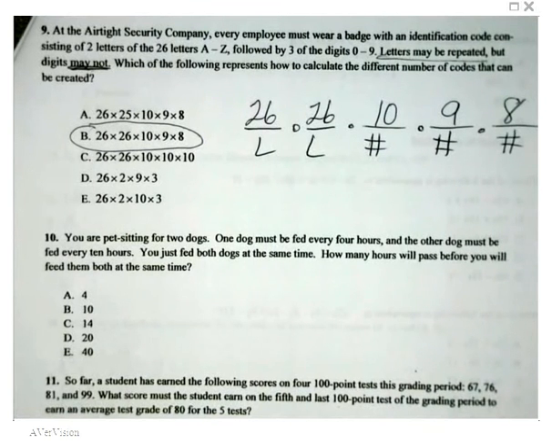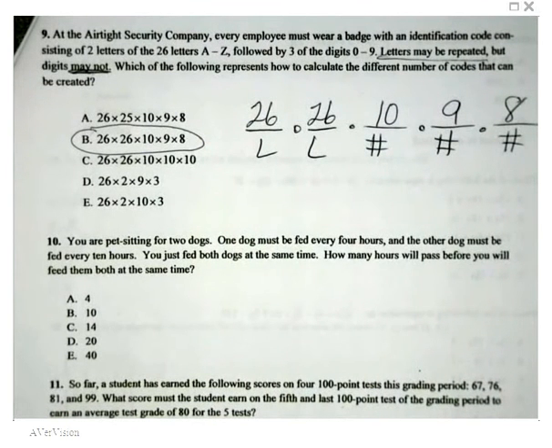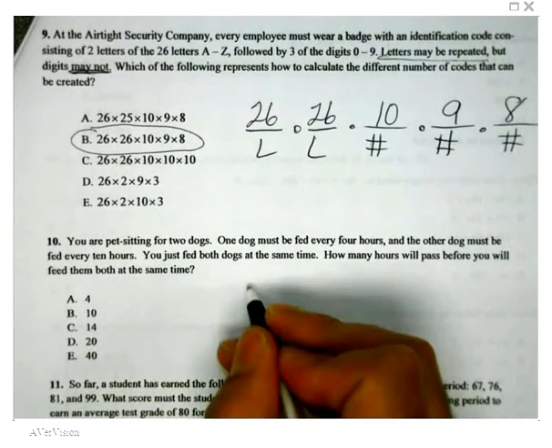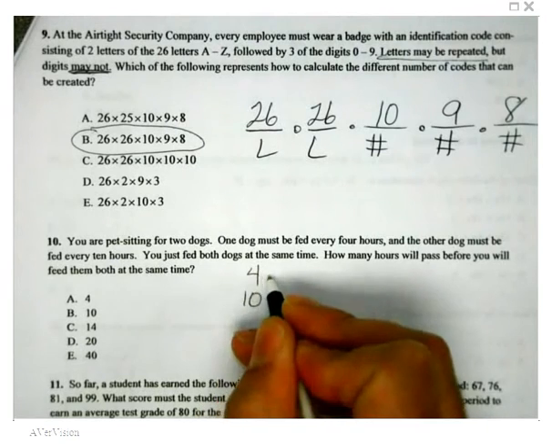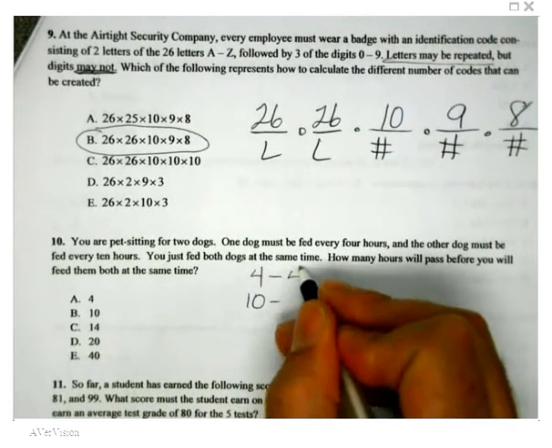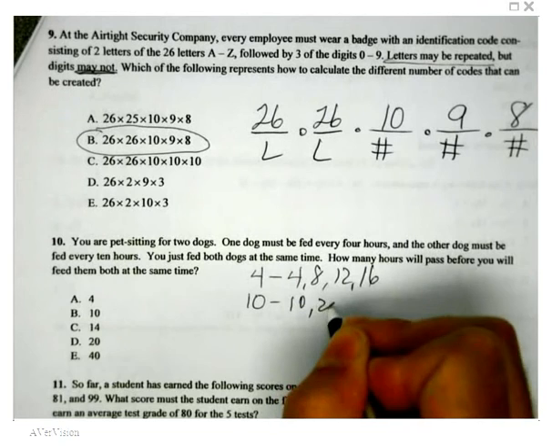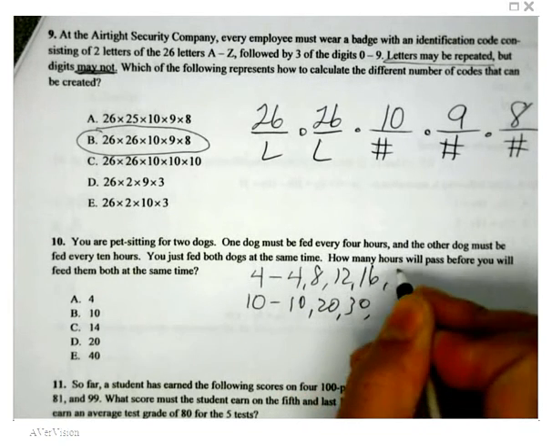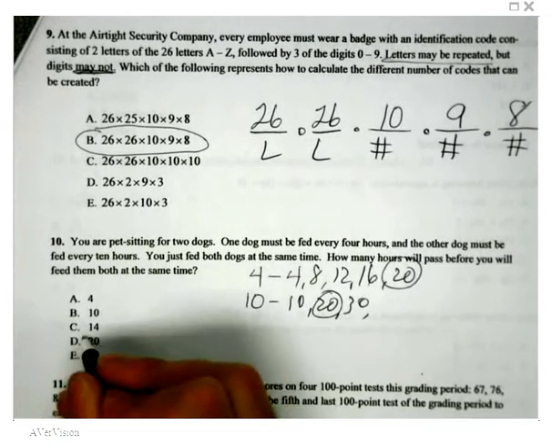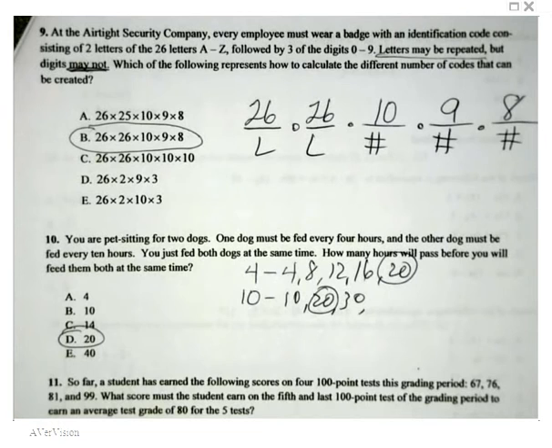Okay, next, we're pet sitting for a couple of dogs. One dog's fed every 4 hours, the other every 10. We got to feed both dogs at the same time. How many hours will pass before you feed them both again? Okay, one way of looking at this is you could look at 4 and 10 and just start counting by 4s and 10s until you found something that they had in common. Now, if your numbers get bigger, this could be a little complicated. Well, what else could I do?